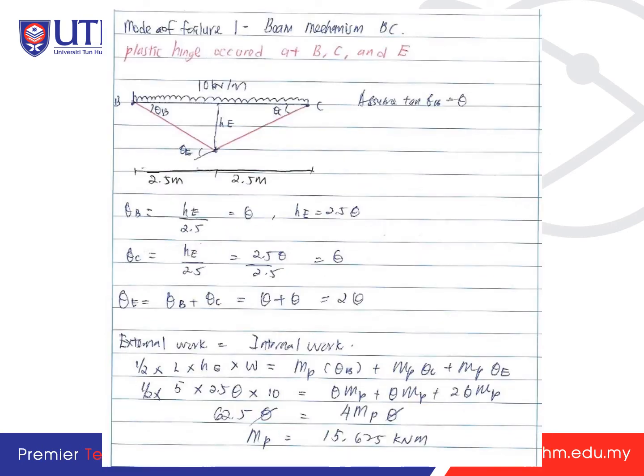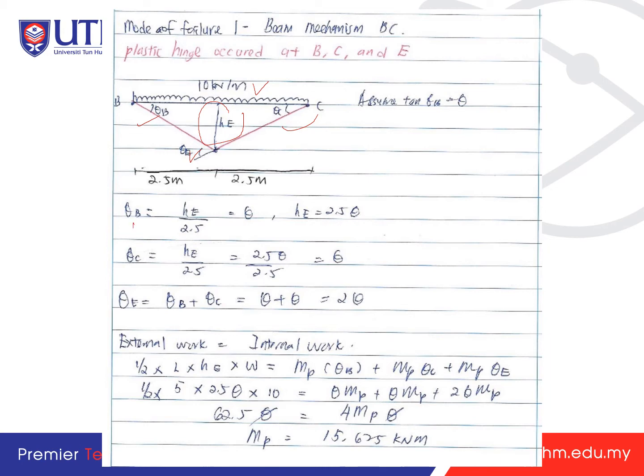First we go to the first mode of failure, which is the beam mechanism. You can start with either the beam mechanism or the sway mechanism; it is the same, you have to calculate all. The first is caused by the 10 kilonewton per meter, which will cause a deflection HE here, at the hinge. So you will have theta B and theta C here, and also theta E. The calculation method is the same as the plastic analysis of a beam.